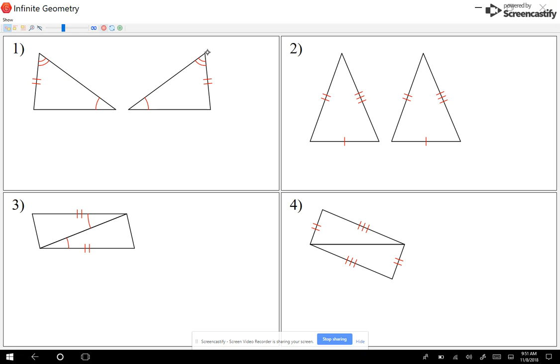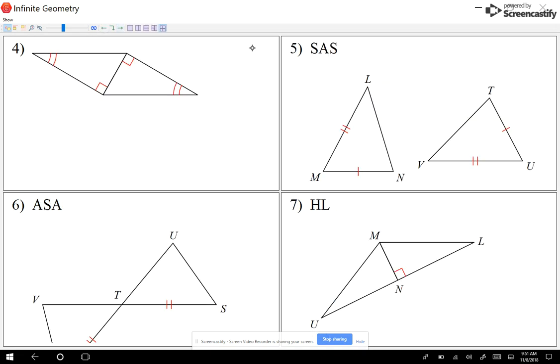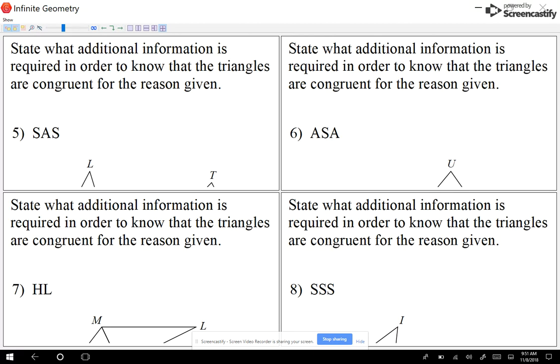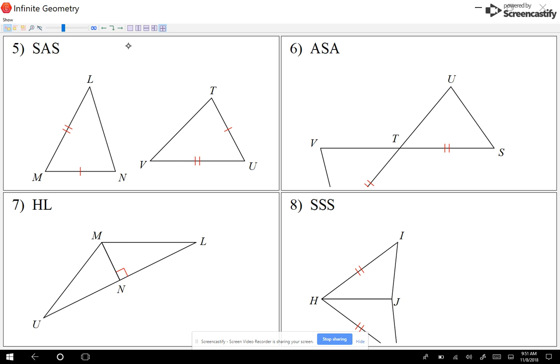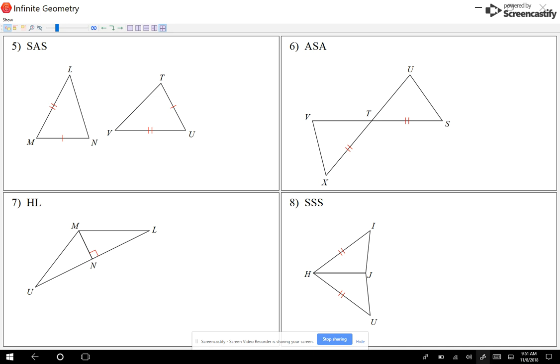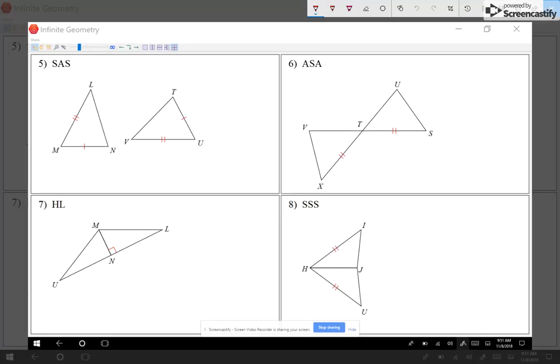Okay. Now, examples 5 through 6, which is what you guys might still be struggling with a little. When I tell you what additional information is required in order to know that the triangles are congruent for the reason given, I'm telling you they have to be congruent. From the 3 marks that you're supposed to have, you're given 2.